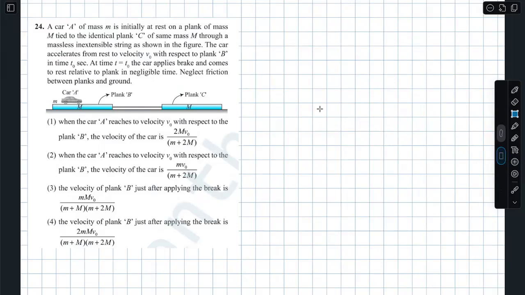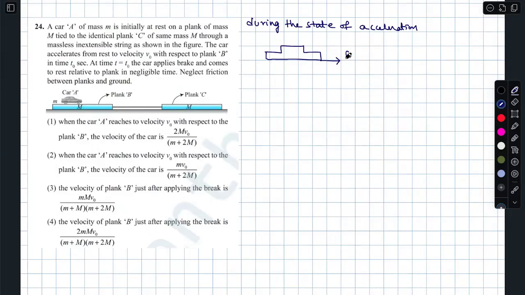Please try to understand what is happening during the stage of acceleration. During the stage of acceleration, the car will experience a frictional force F in the forward direction.